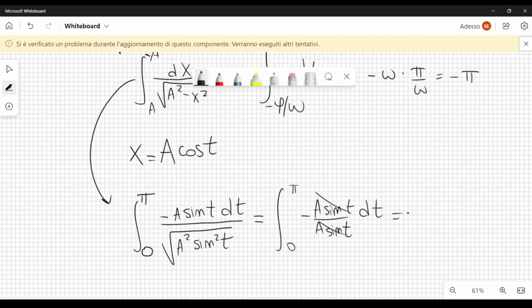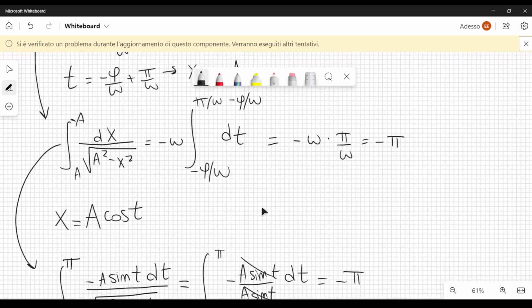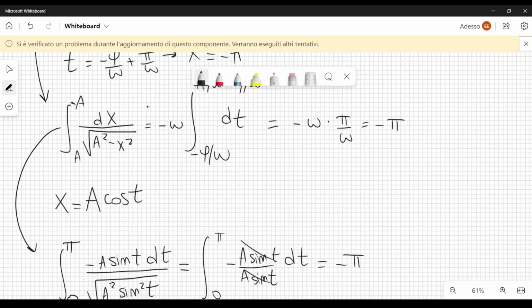This integral gives us minus pi, as expected, which means that if we consider the function 1 over the square root of A squared minus x squared and multiply it by 1 over pi, we should transform this integral.